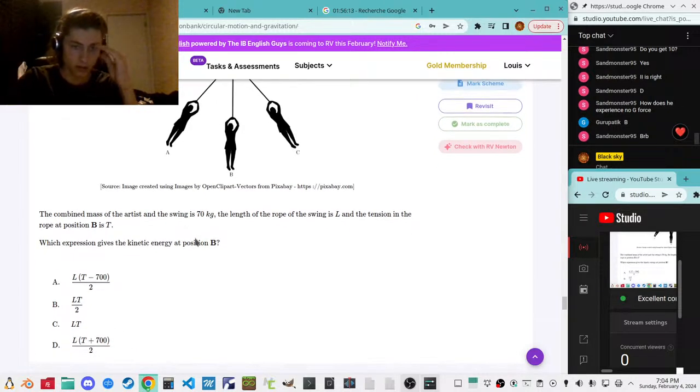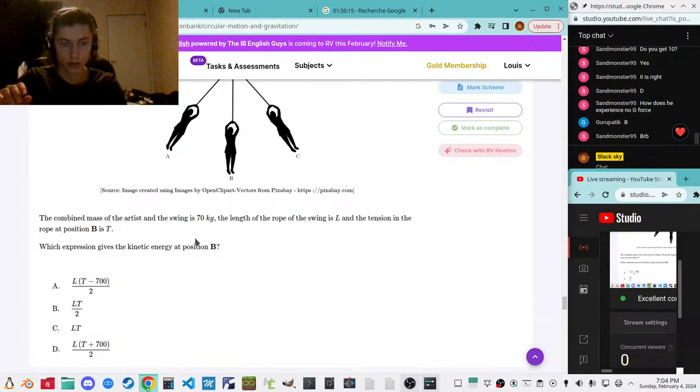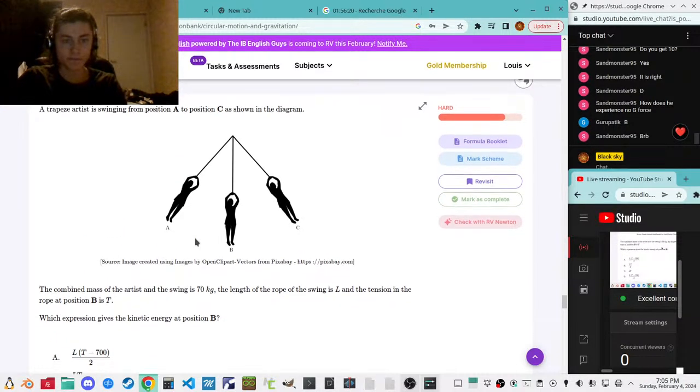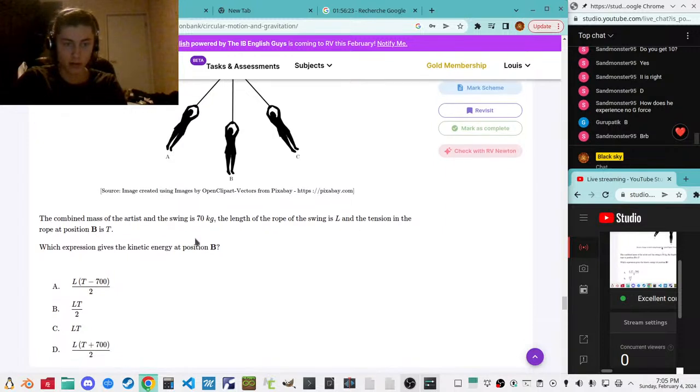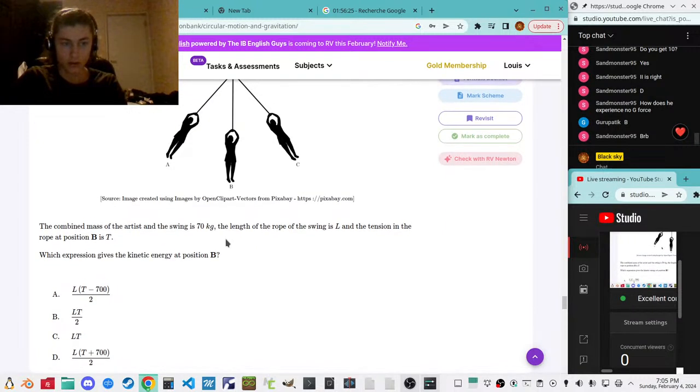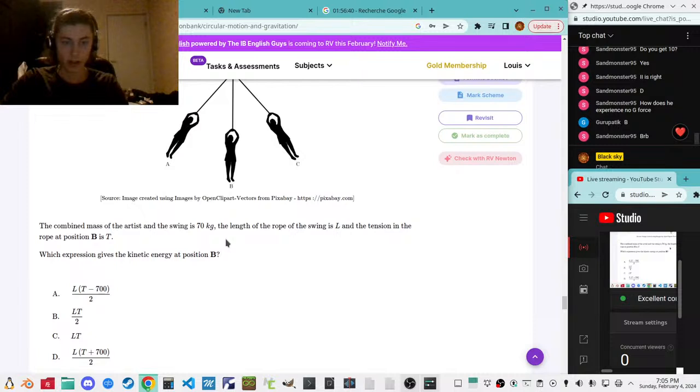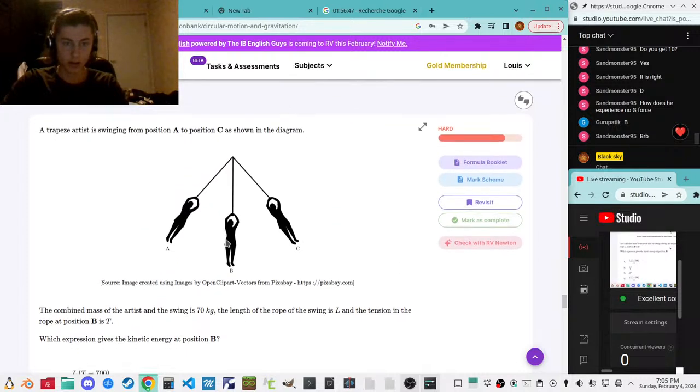Combined mass of the artist and swing. Position A to C. Kinetic energy, isn't that okay? mgh.